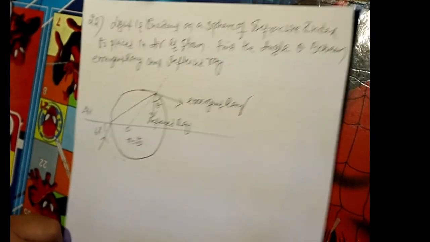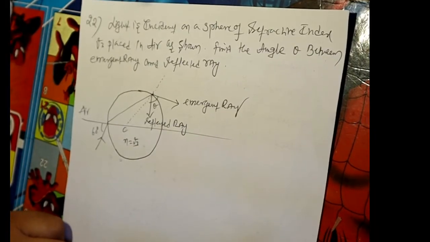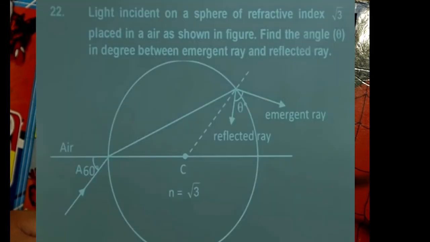So now we are going to discuss another problem. Light is incident on a sphere of refractive index root 3 placed in air, as shown. Find the angle theta between emergent ray and reflected ray.